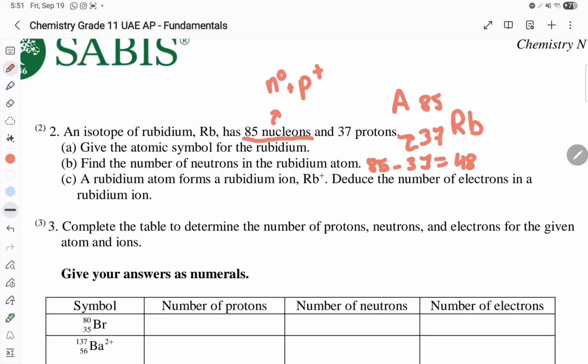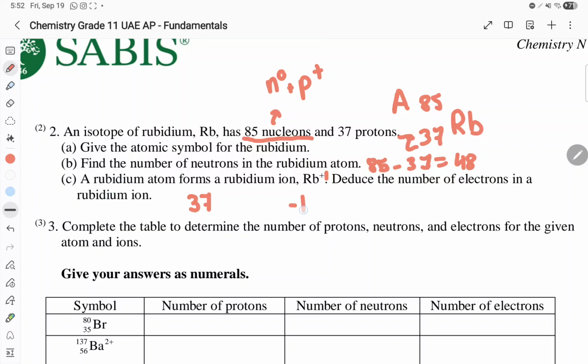Now, a rubidium atom forms a rubidium ion. Choose the number of electrons in the ion. Now, you need to know one thing. If it's an atom, the electrons equal the protons. But here you have an ion, and the ion is +1. If it's +1, it has lost an electron.